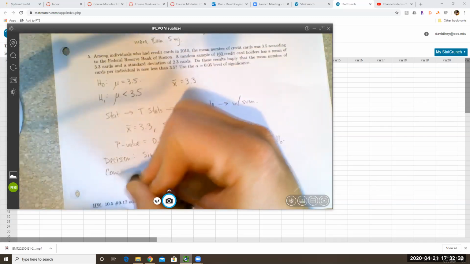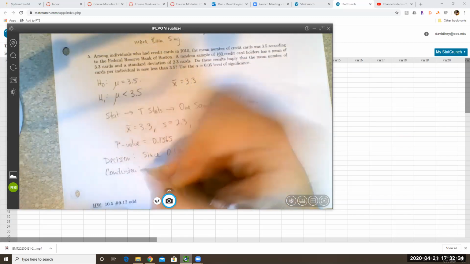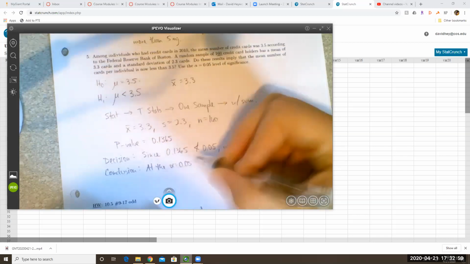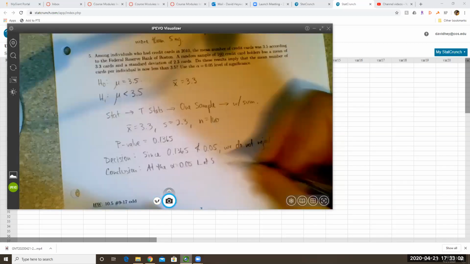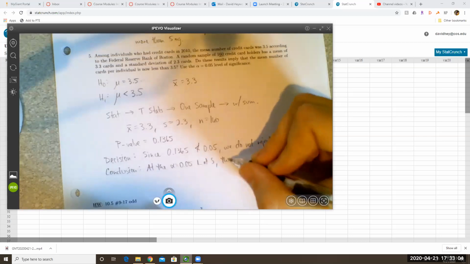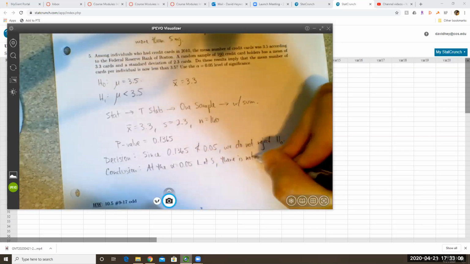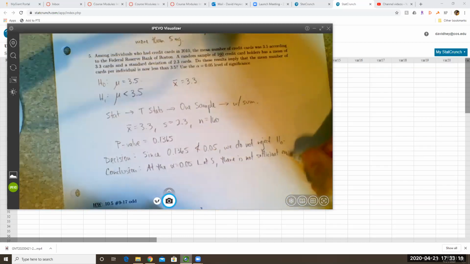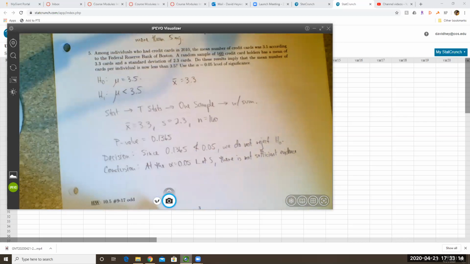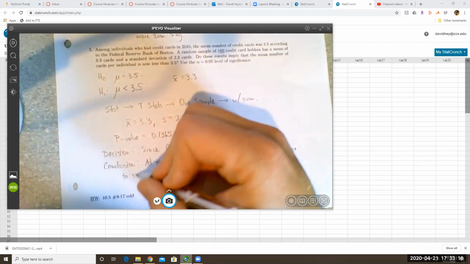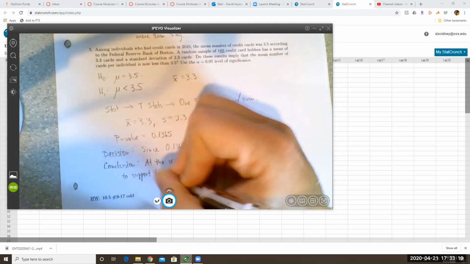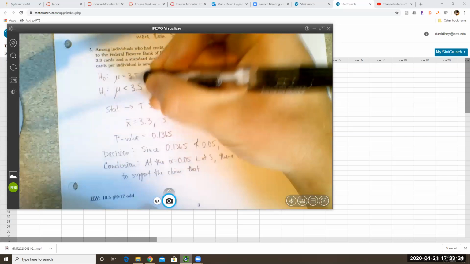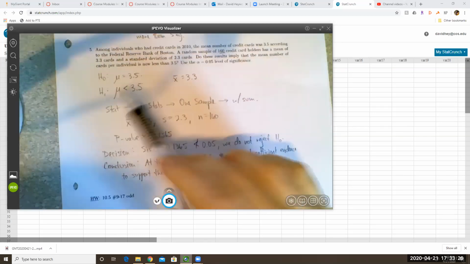So let's say that in our conclusion. So at the 0.05 level of significance, there is not sufficient evidence to support the claim that the alternative hypothesis is true, that the mean is less than 3.5.